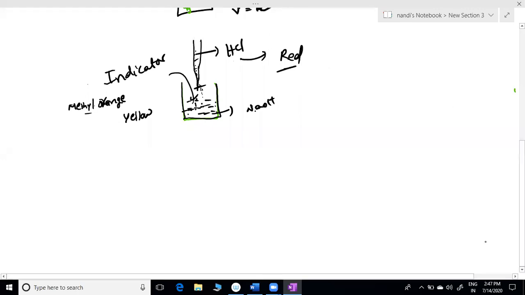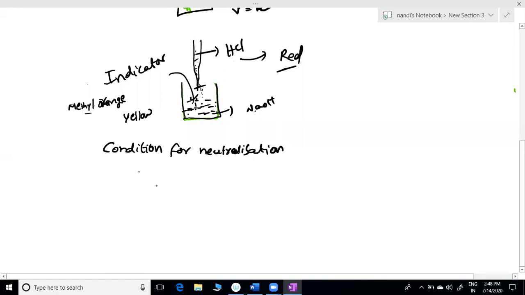Now we can see the next point: condition for neutralization. Keep in mind, this is a simple acid-base reaction. Mostly, neutralization means acid and base reacting with each other.